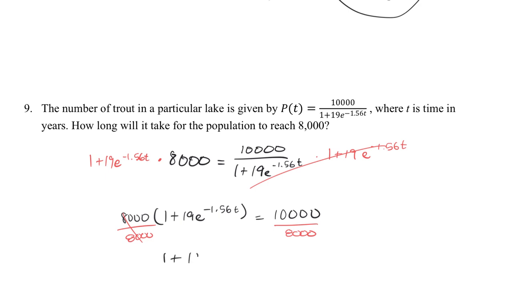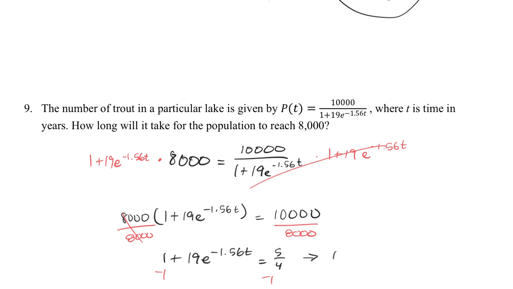We have 1 plus 19 times the base e to the negative 1.56t. So 10,000 divided by 8,000 is 5/4. Now we subtract 1. 5/4 minus 1 is 1/4.